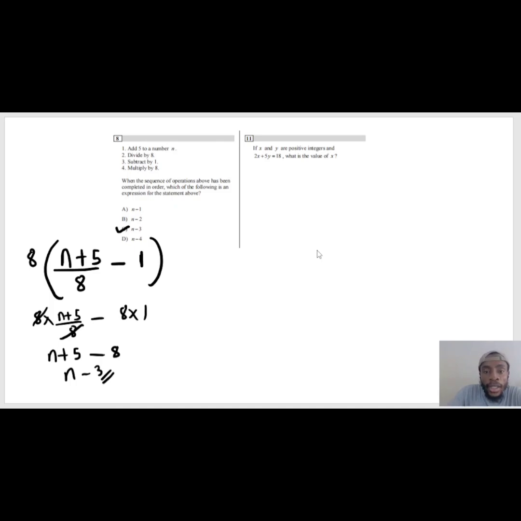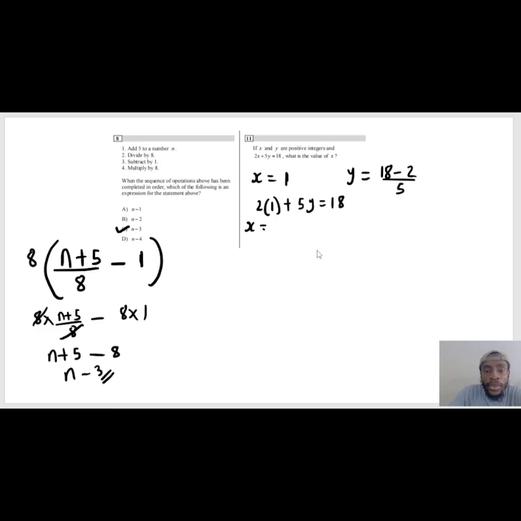Okay, so for number 11, x and y are positive integers, and 2x plus 5y equals 18. What's the value of x? So let's say x is equal to 1 now. If x is equal to 1, this will give us 2 into bracket 1 plus 5y equals 18. So when you solve for y, you get 18 minus 2 divided by 5. This won't give you an integer, it will give you a decimal.